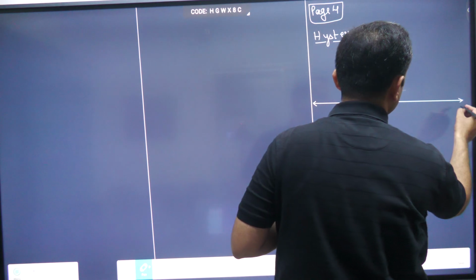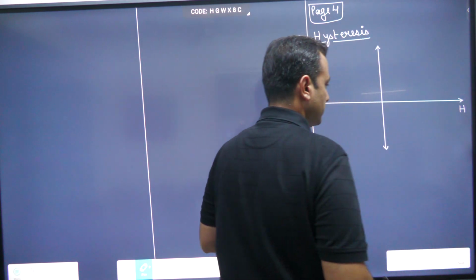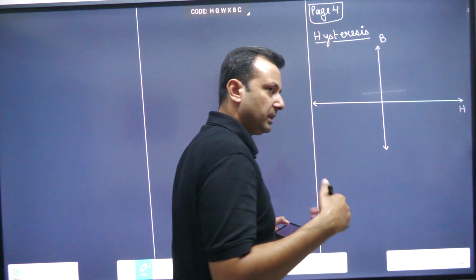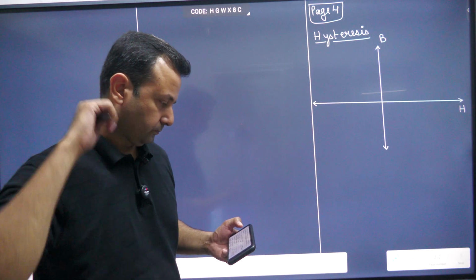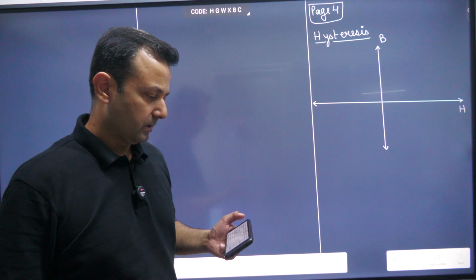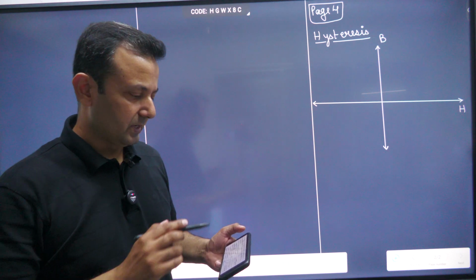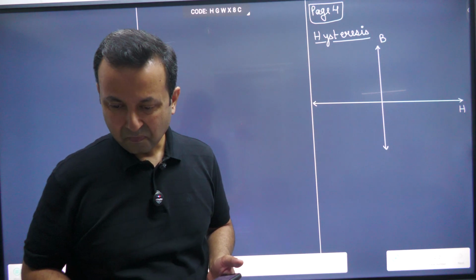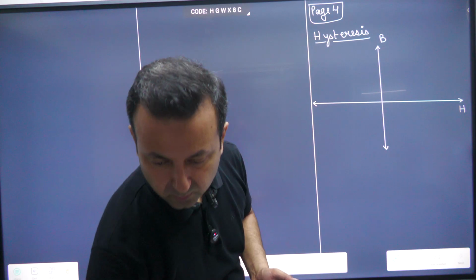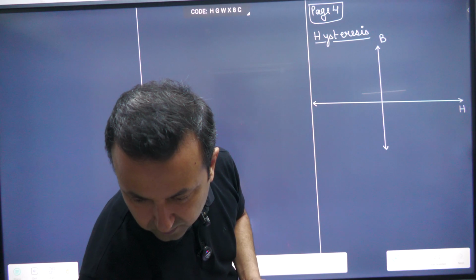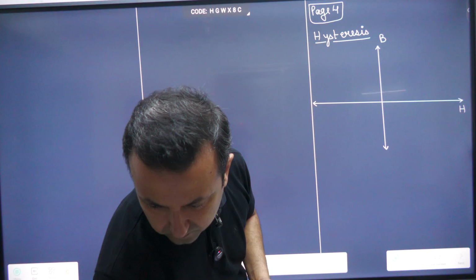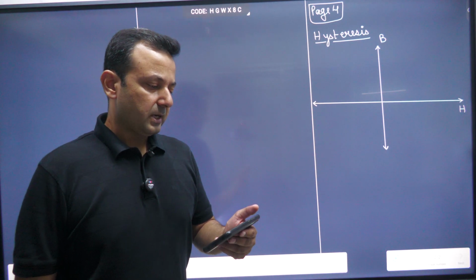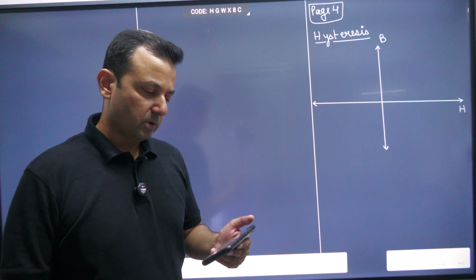On the x-axis we are taking the magnetizing field intensity H, and on the y-axis we are taking B, the magnetic induction. I am reading from the theory. Point O represents the initial unmagnetized state of a ferromagnetic sample.